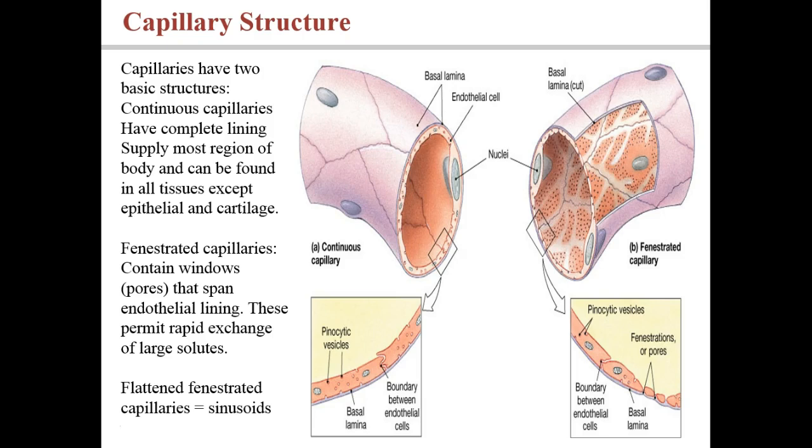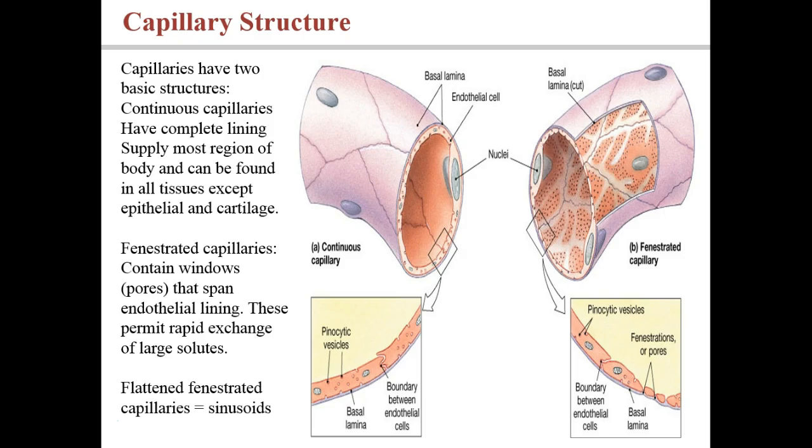And the function of continuous capillaries is basically to allow diffusion of very small things, but to block larger plasma proteins. So the smaller things can get out because you still have the junctions that will allow small things to get out of the capillaries, but the large plasma proteins, which you want to keep in the blood, like albumin, will stay in continuous capillaries.